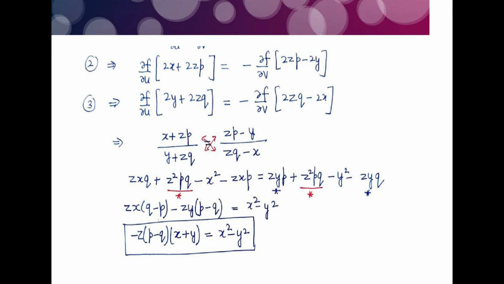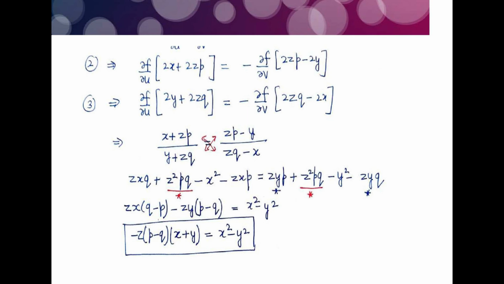We have these two equations on this slide. Now we can divide left hand sides and right hand sides respectively. Cross multiply the expression, simplify this, and finally we have the partial differential equation given at the end in the box.